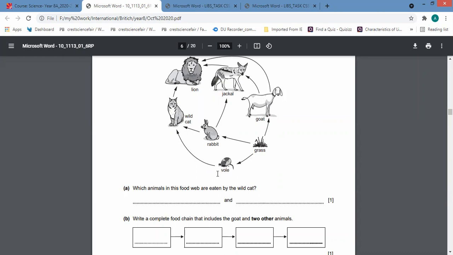I explained this similar to this question yesterday. Mister, can we say the rabbits' numbers will decrease because they're eaten by the wild cat and jackal, and when voles disappear, the cat will depend only on the rabbits? Right? What else?